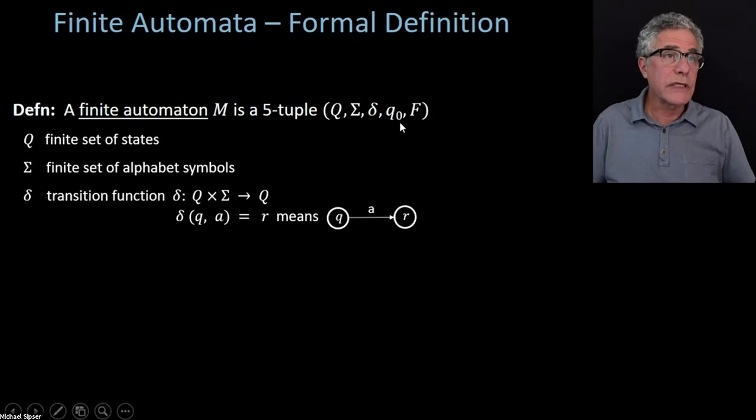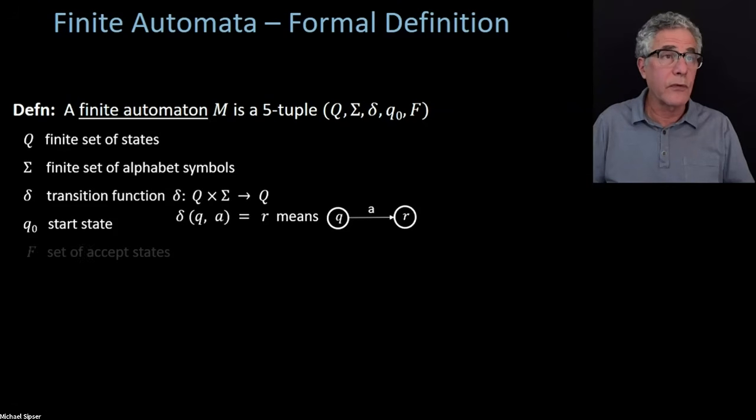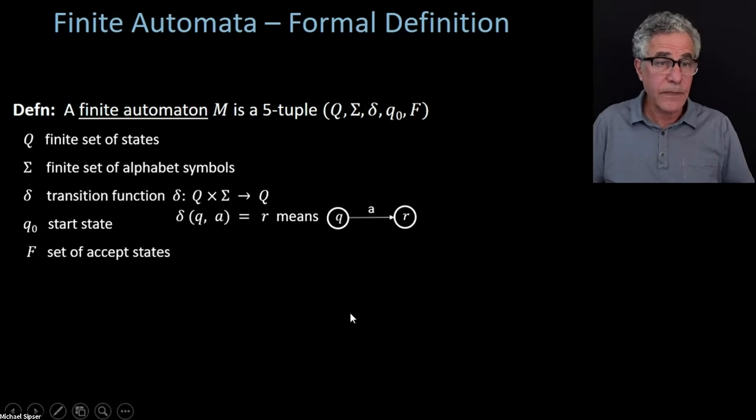And then Q0 is going to be the starting state, the one with the arrow coming in from nowhere. And F is the set of accepting states. There's only going to be one starting state, but there might be several different, or possibly even zero, accepting states.